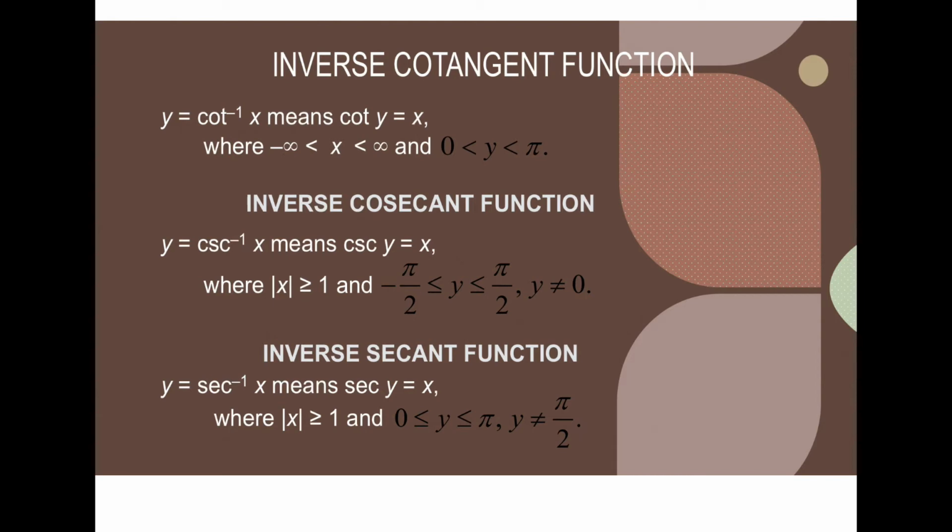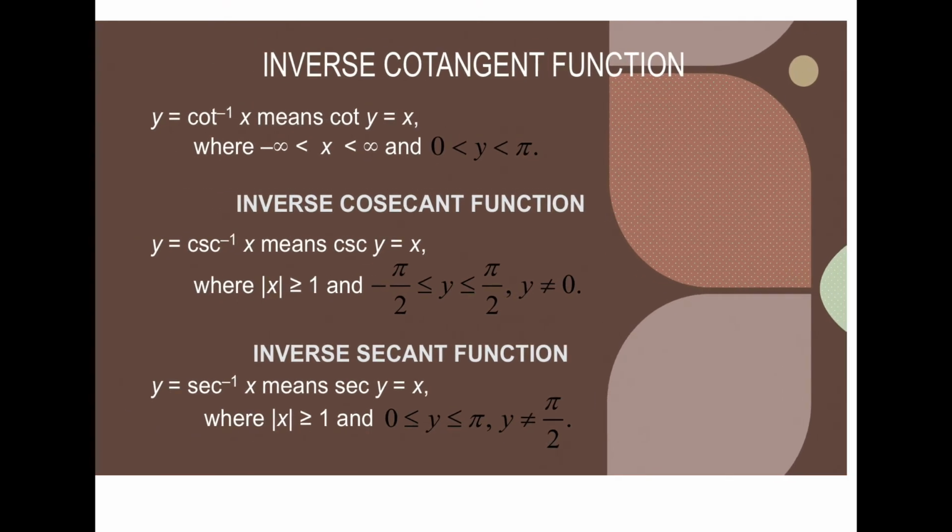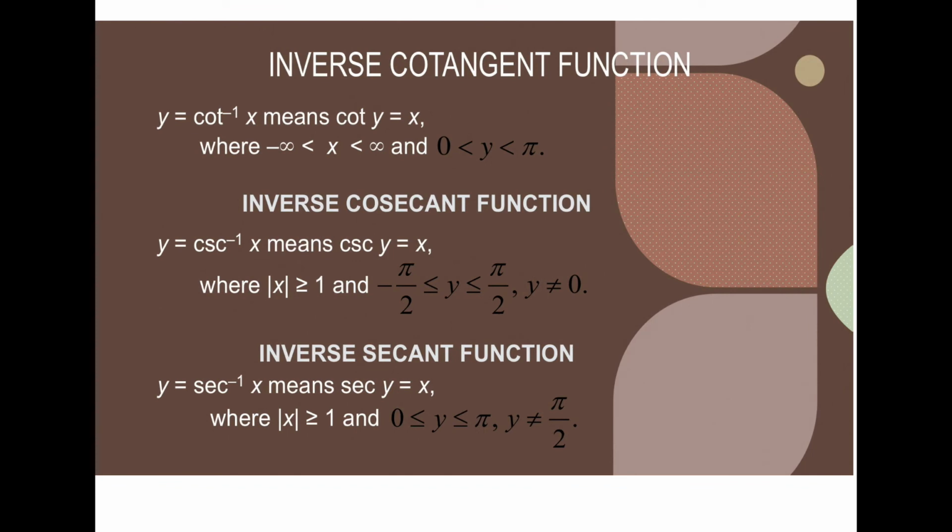To remember which ones have which restrictions, one of the things that we can do is to remember what's in the denominators, right? So with cotangent, cotangent of an angle is cosine over sine.